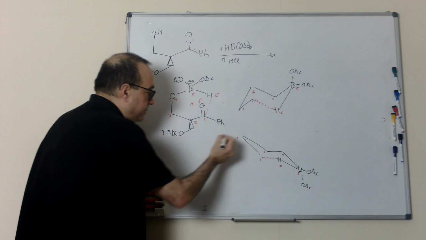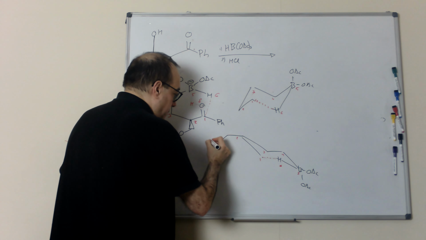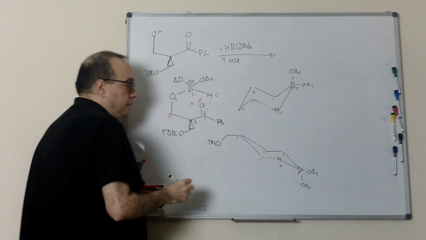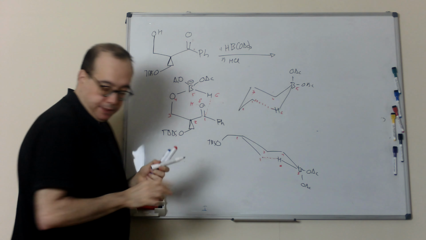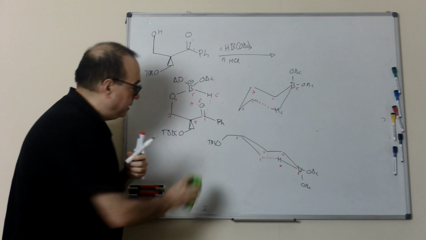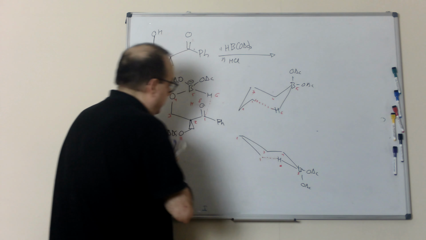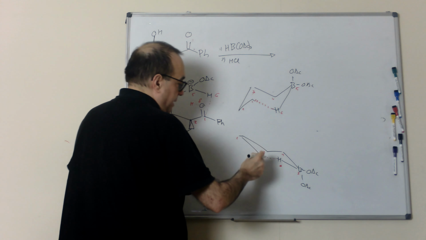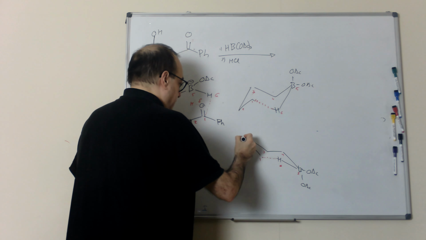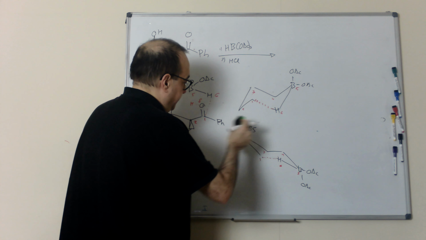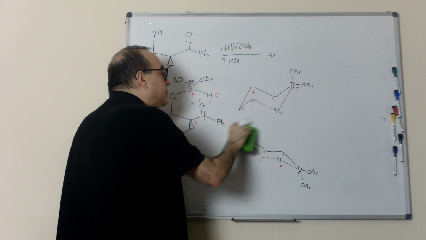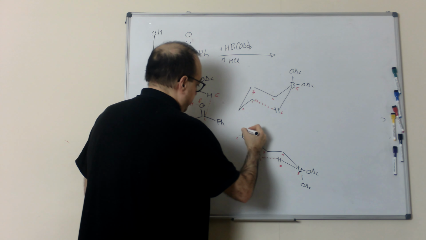Then in carbon number 2, what I have is this group. That means that if the TBS is going up, in this case, what we will have is the TBS in this position. CH2 TBS.